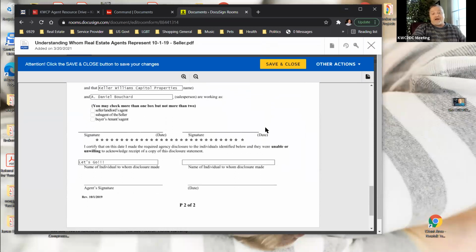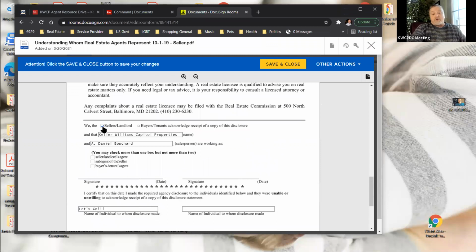So make sure that you have them sign this, and make sure that you're indicating here that you are representing the seller and the landlord, and you will be covered for that. I want to make sure that everybody's clear on that. If anybody has any questions, please bring those up right now, because that's a really big, important topic that I want to address. Anybody have any questions on this form?